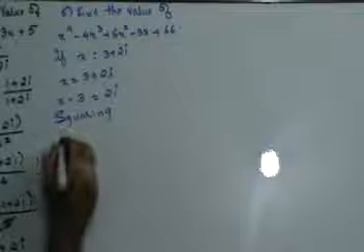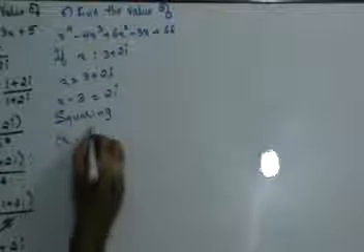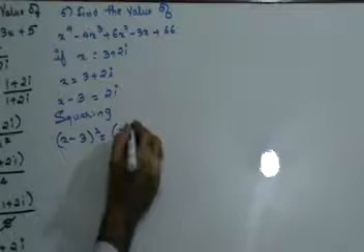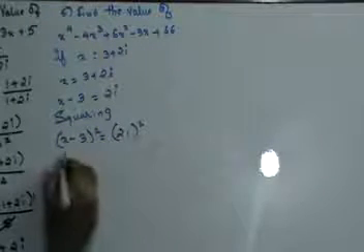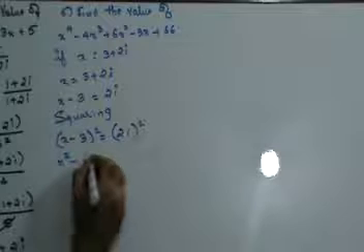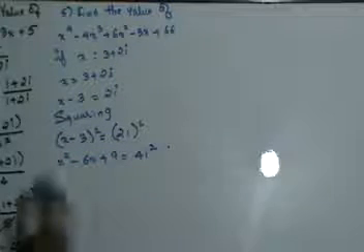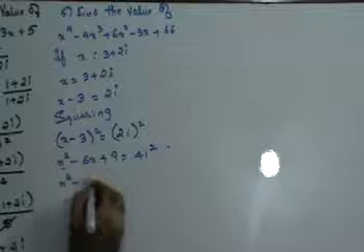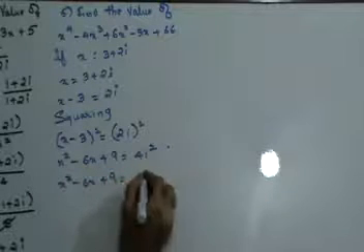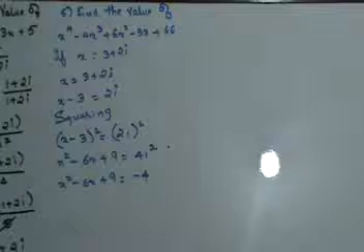Now, if I square this, I'll get (x minus 3) the whole square is (2i) the whole square. This can be written as x square minus 6x plus 9 is 4i square. This can be written as x square minus 6x plus 9 is minus 4. How minus 4? Because i square is minus 1.